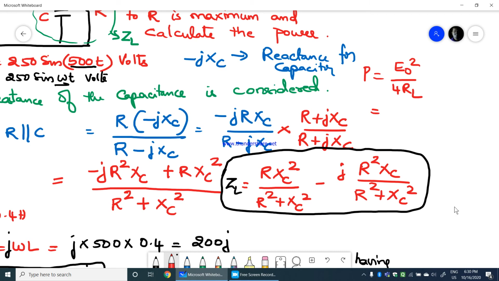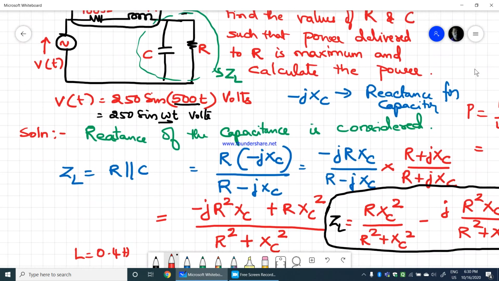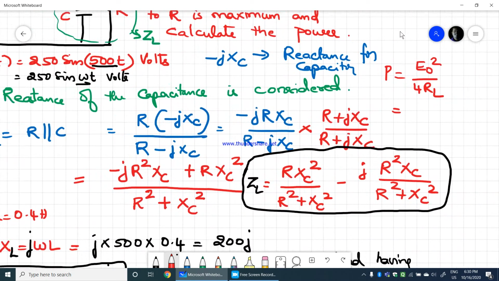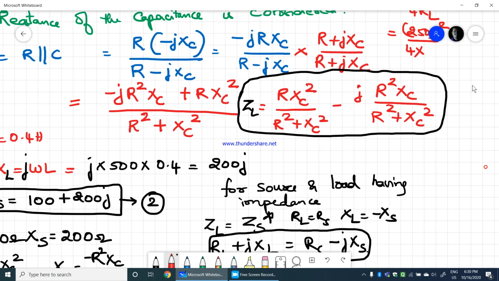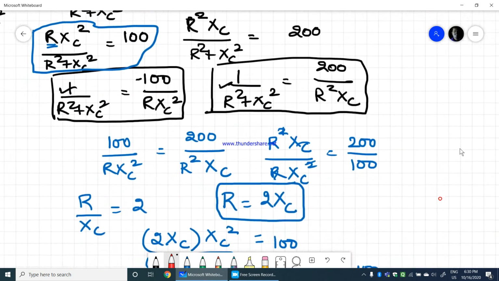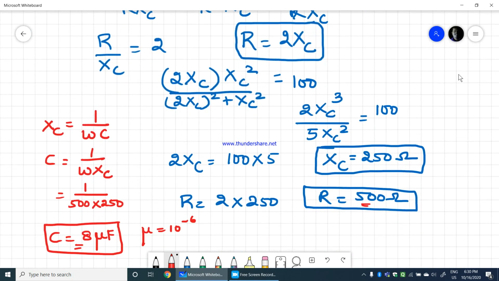So E naught square is given. E naught is 250. You will not take the sine term. You will only take the term which is the magnitude, which is 250. Therefore, 250 square divided by 4 times RL, where RL is nothing but the R value which we have found. The R value which we have found is 500.